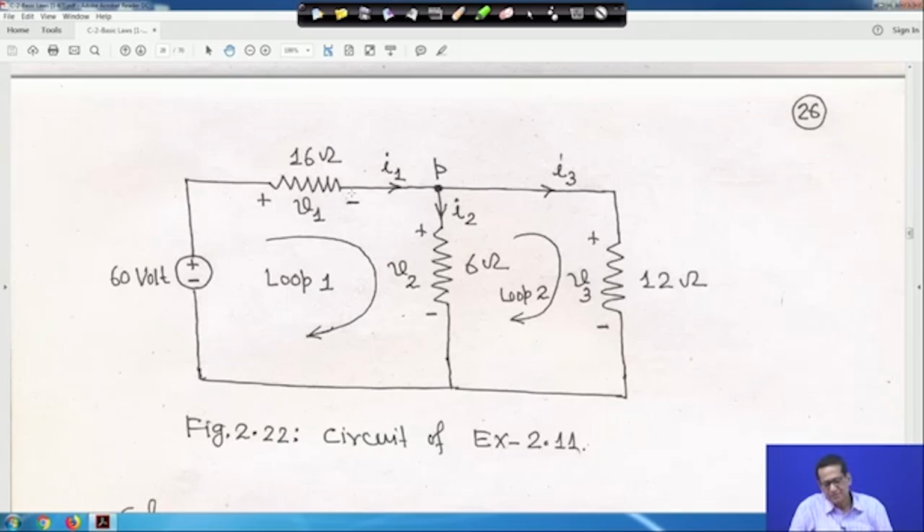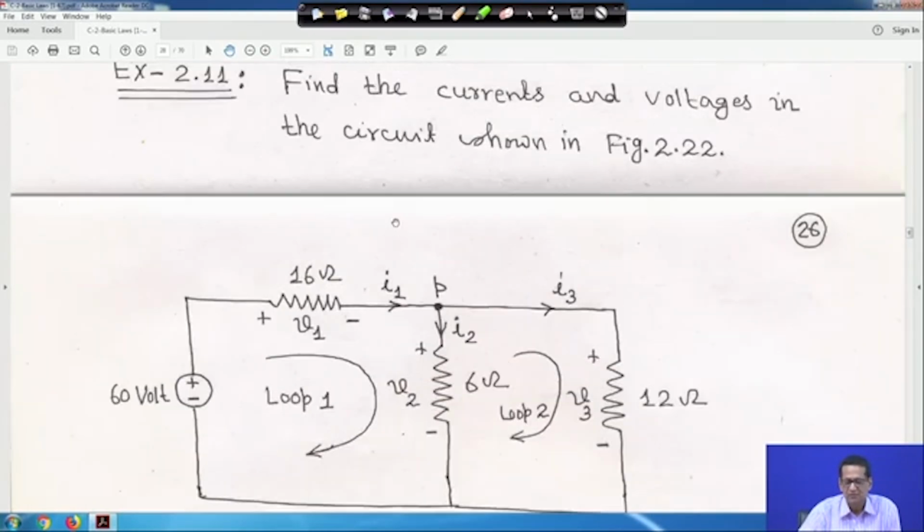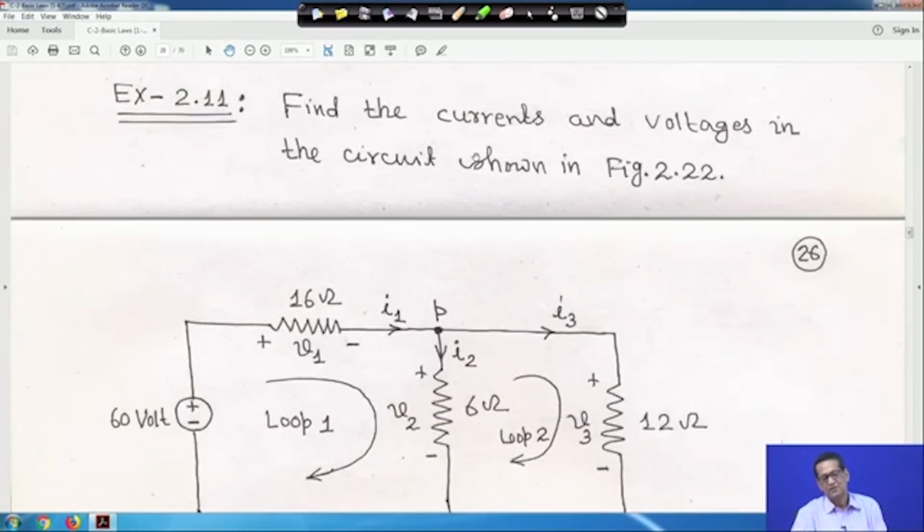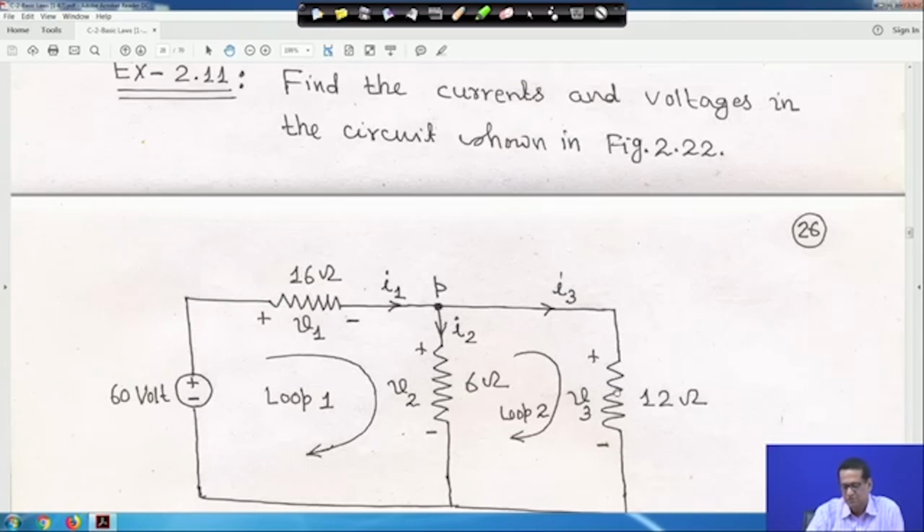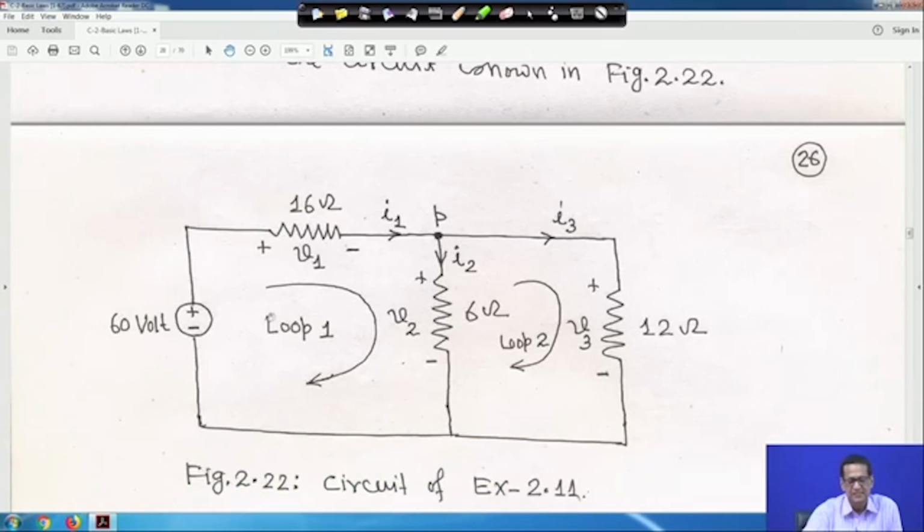There are two loops, one loop here and one loop here, and I have taken them clockwise. You have to find the currents and voltages in this circuit, the way it is marked. Then you have to find I1, I2, I3 and then V1, V2, V3; only one voltage source is there.